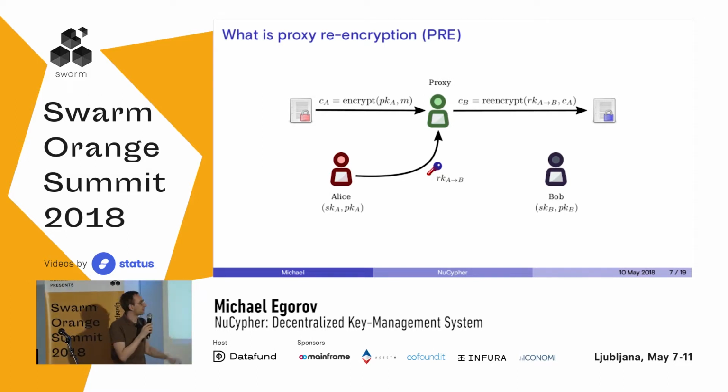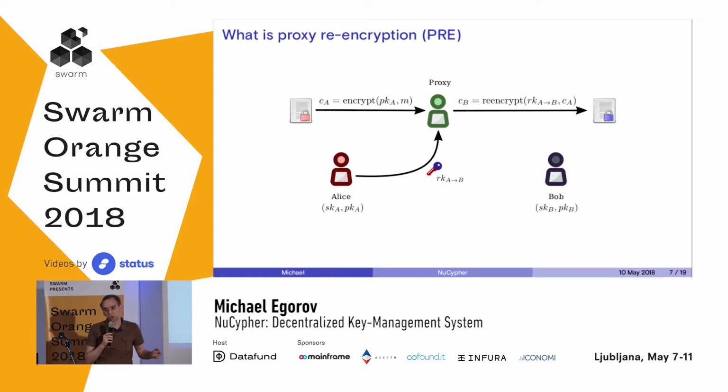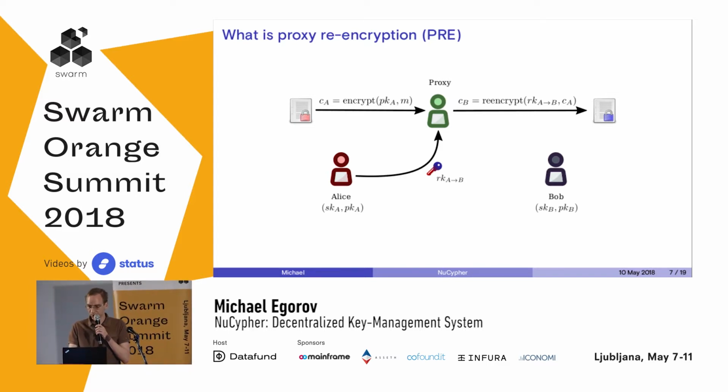It cannot decrypt the data. What's even more important, Alice can continue publishing updates to this data, let's say adding new files encrypted with her same public key, and the proxy will still be able to transform this new data to Bob. Of course, until Alice asks the proxy to remove this re-encryption key. That's the encryption primitive we use.